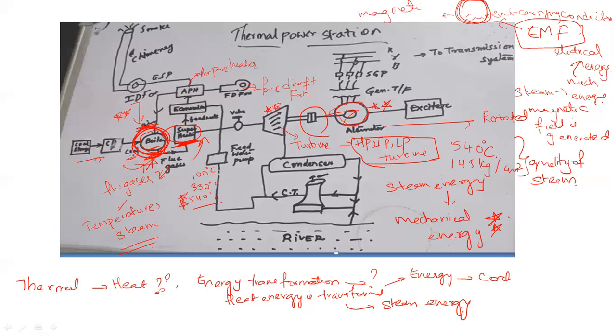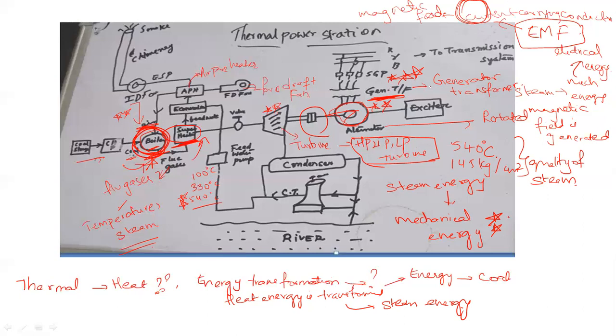The voltage generated in the generator will be 15 kV, and this is further stepped up with the help of the transformer called the generator transformer. How do you get these current carrying conductors? The stator is non-moving, the rotor is moving against the stator's stationary conductors. Stationary current carrying conductors, rotating magnetic field is imposed.